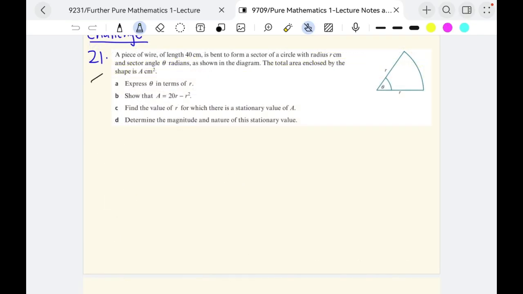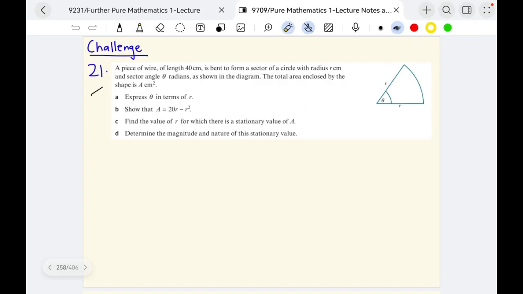Okay, here we go. Welcome to the challenging segment among the exercises for chapter 7. So this is question 21, but it is still under the course book questions. Okay. So there is a sector. This recalls the chapter 4 circular measure.